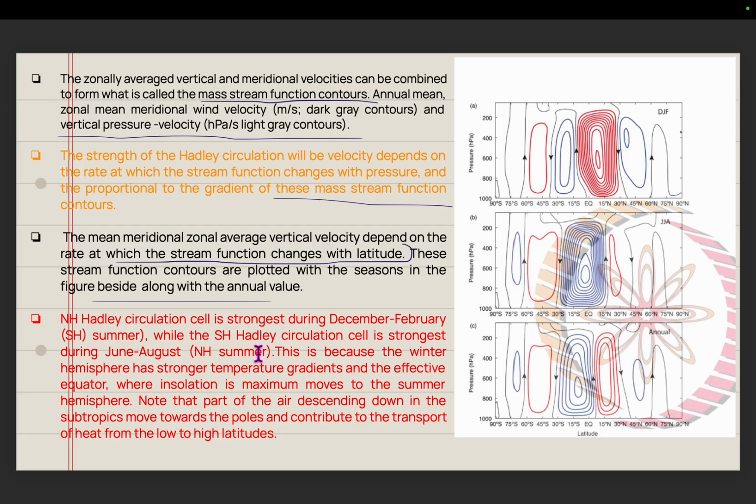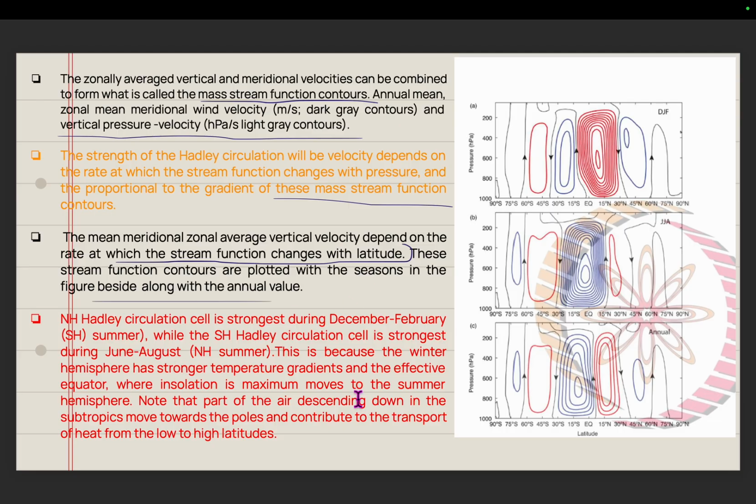For the southern summer, the northern hemisphere Hadley cell will be strongest, and for the northern hemisphere summer, the southern hemisphere Hadley circulation will be strongest. This is because the winter hemisphere has the strongest temperature gradient, and this temperature gradient is related to the geostrophic wind Vg.